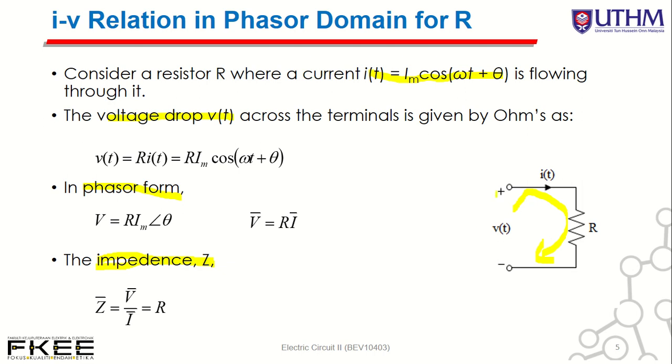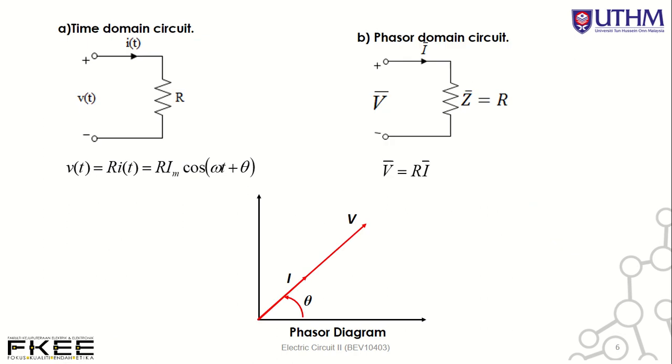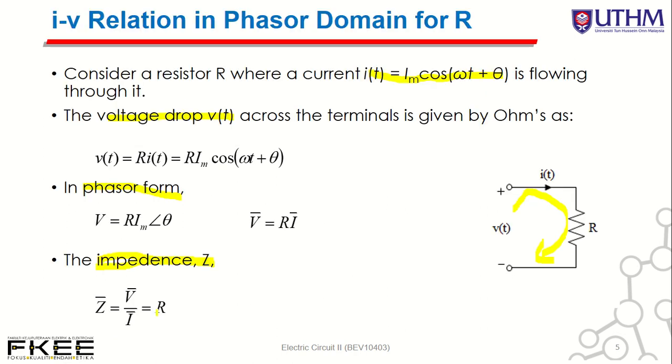Let's say for a DC circuit, this is the supply, this is R, so V equals IR. For an AC circuit, V equals IZ, so Z equals V over I. In this case, the impedance of the R circuit equals R, the resistance. The unit is ohms.